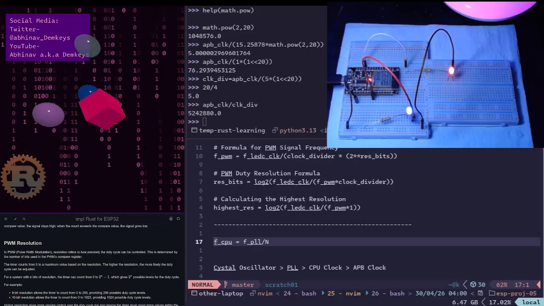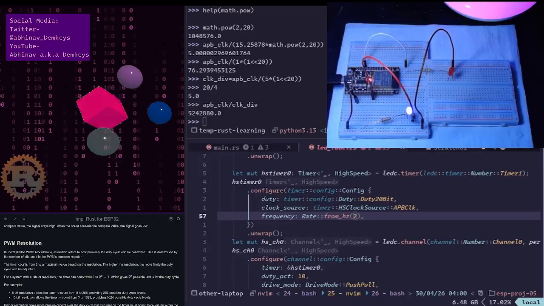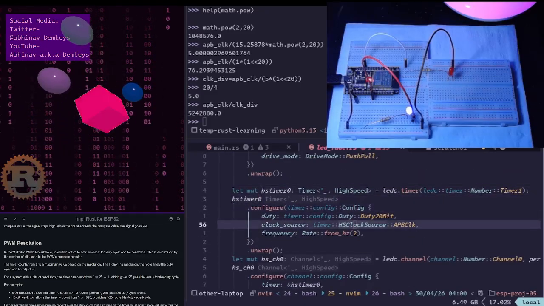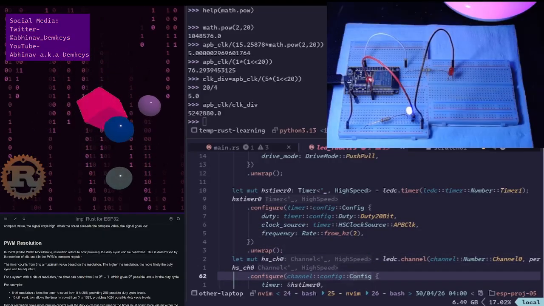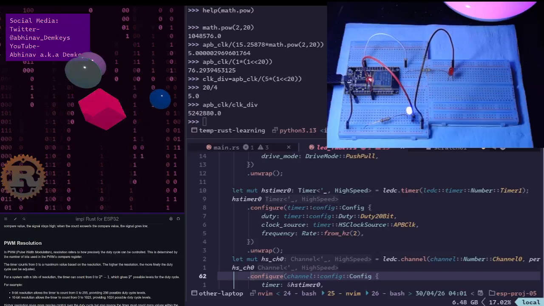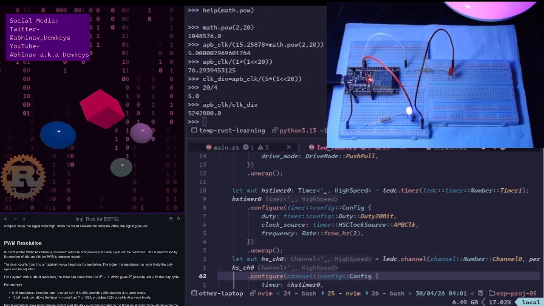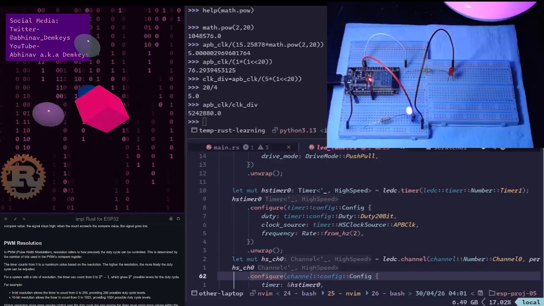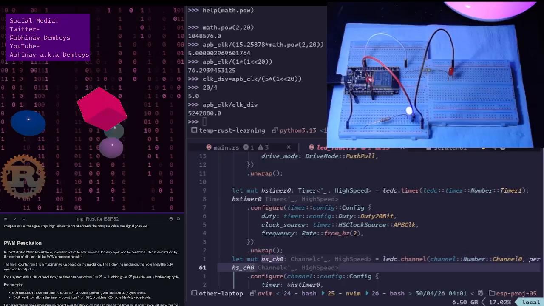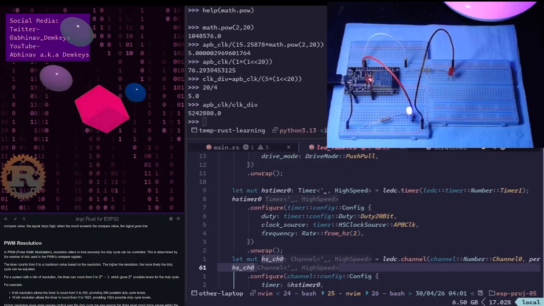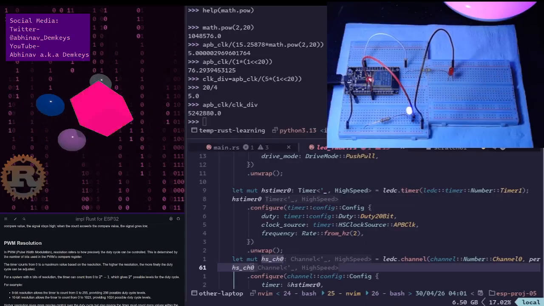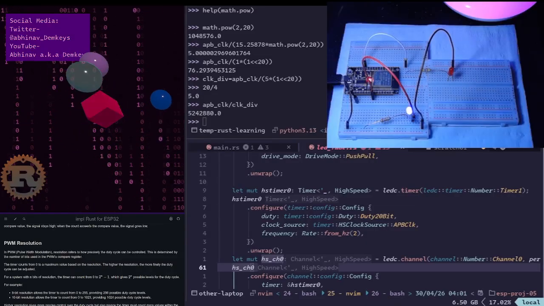Recently we discovered that in order for this to work... my assumption here, and this is something I had to ask Gemini as well, is that once we configure the channel, the high speed channel or even the low speed channel, once we have called the configure method on the channel, the channel starts outputting the PWM signal immediately, and it just continues that the entire time.